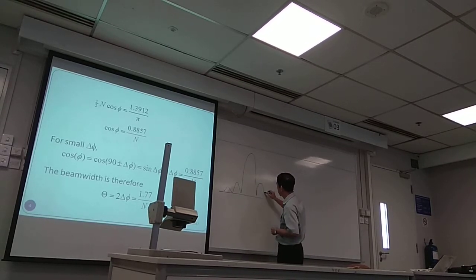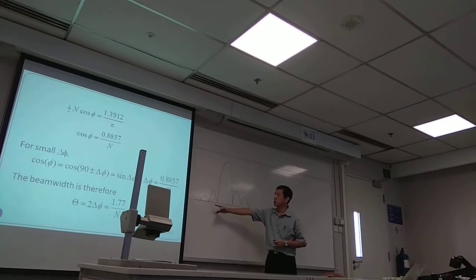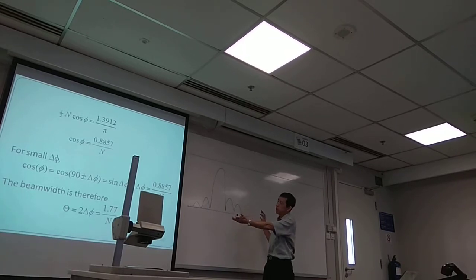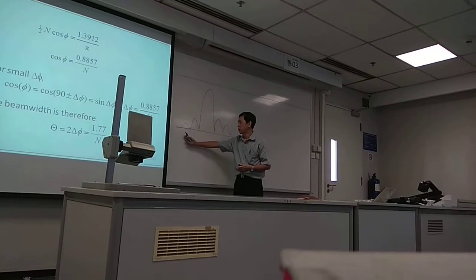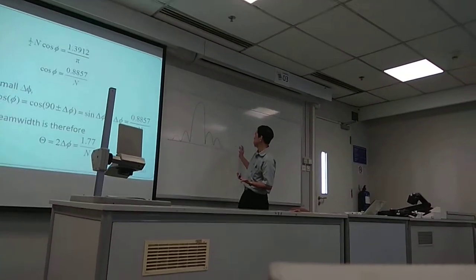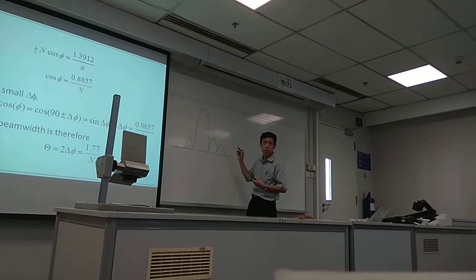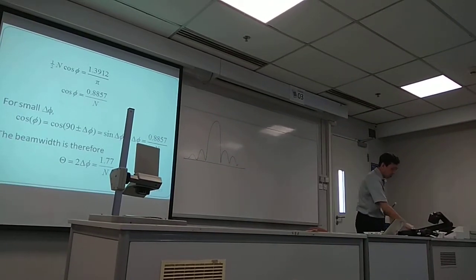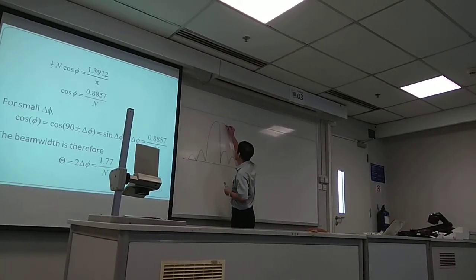Your array factor. Now here, for simplicity, I didn't draw a beam pattern for a large array. This is basically an array of, in this case, 1, 2, 3, 4, 5 elements. Okay, and the beam width is the 3 dB point. So the half power point corresponds to 3 dB point.